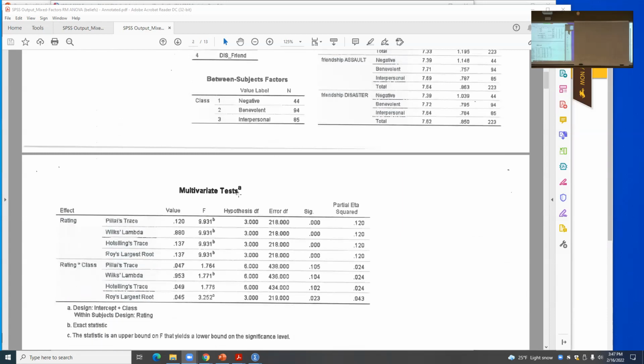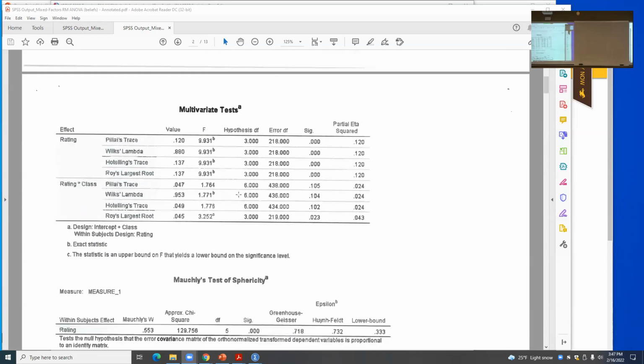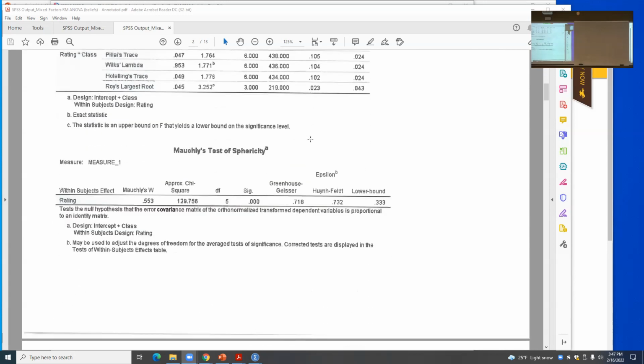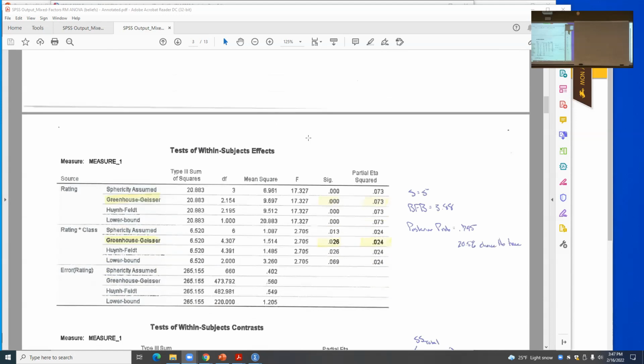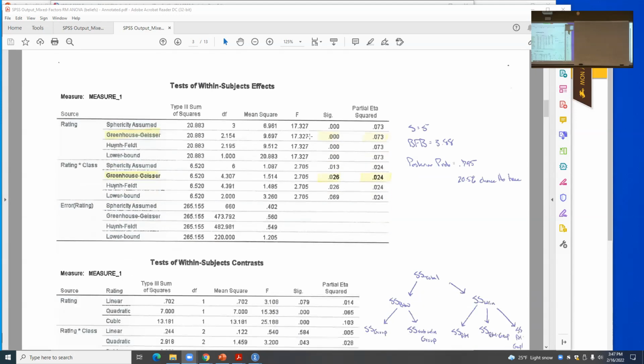If I go down through and then look at my multivariate tests, remember we ignore that. Multivariate test, ignore that. Going to go straight down into my test of within subjects effects. Okay. Let's see, Josiah, what am I seeing for my test of within subjects effects here?